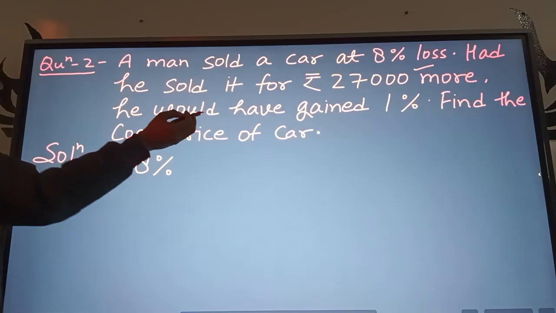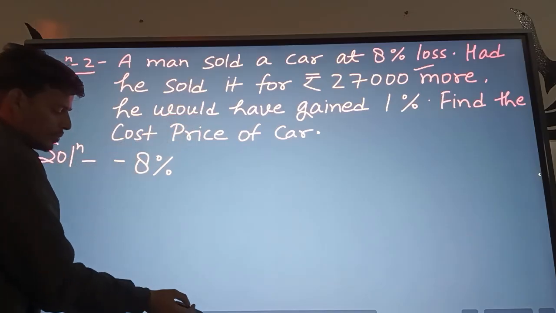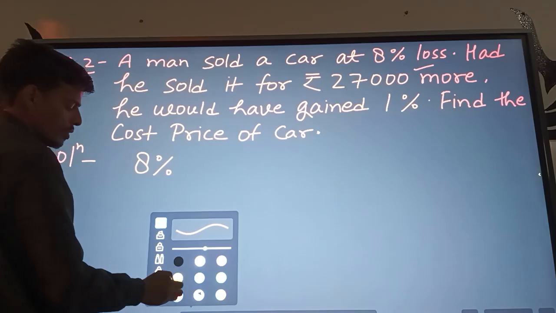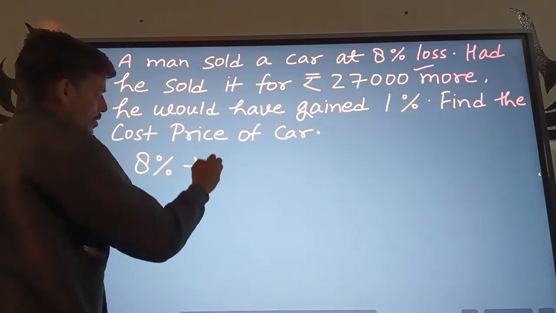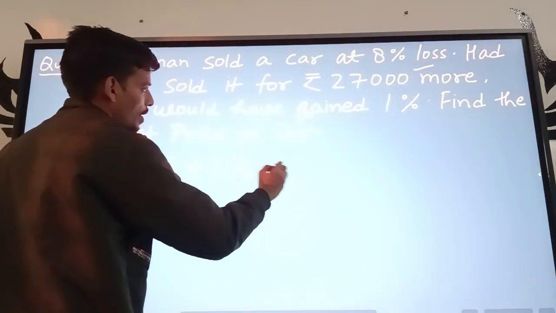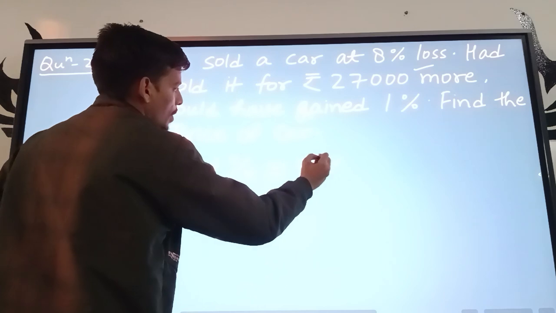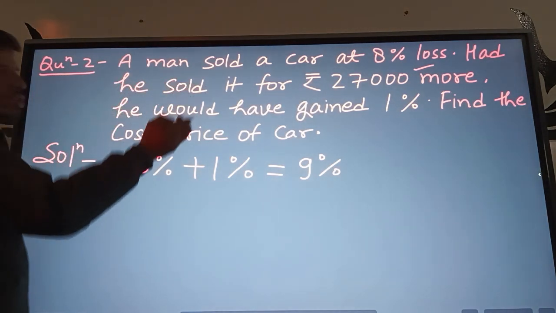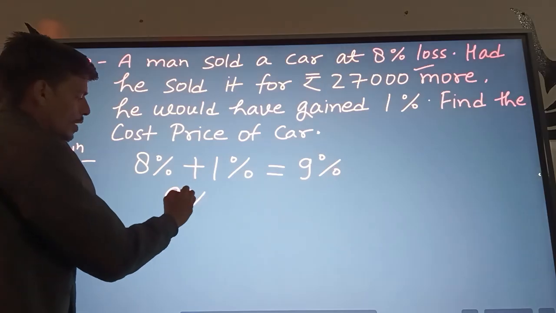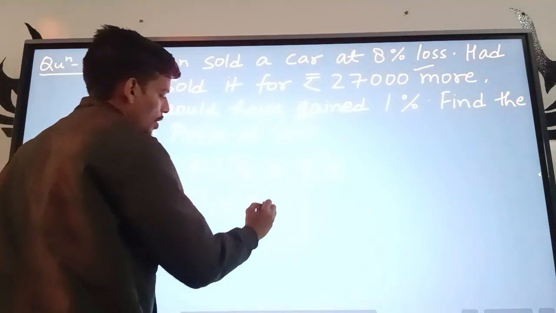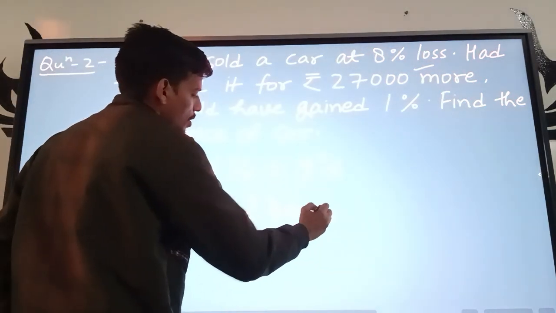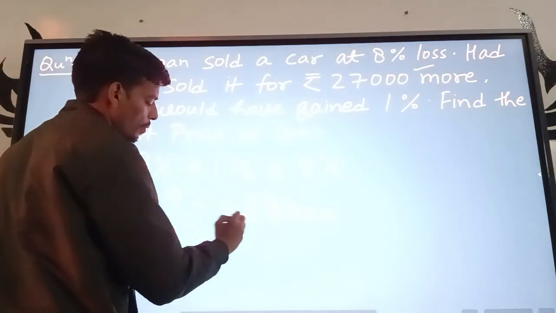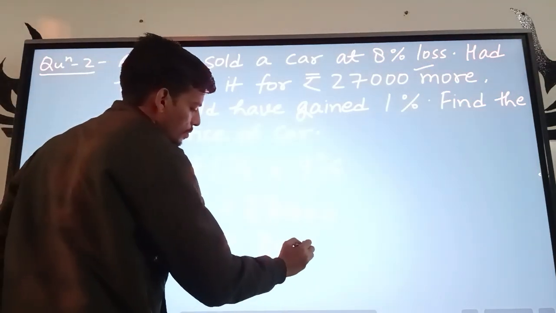So 8% plus 1%, total value is 9%. It is equal to rupees 27,000. So 9% equals 27,000, and 1% equals 3,000.